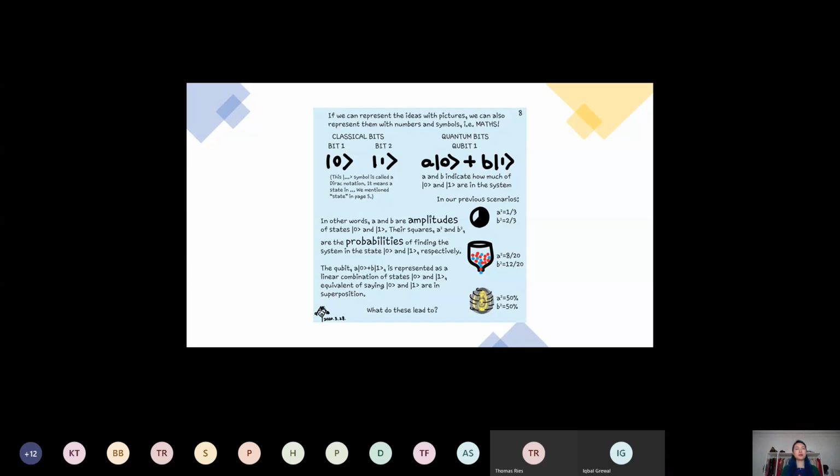So again, we have classical bits, which are either 0 or 1, but quantum bits can be a linear combination of 0 and 1. I've already described that each of the possible states could have an amplitude associated with them, and their square is the probability.